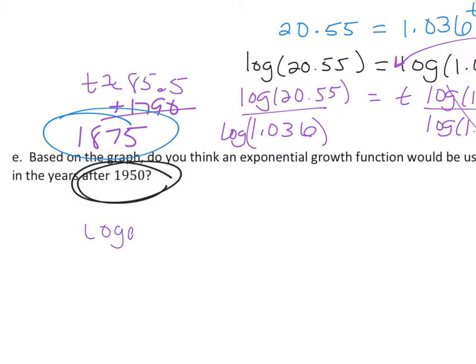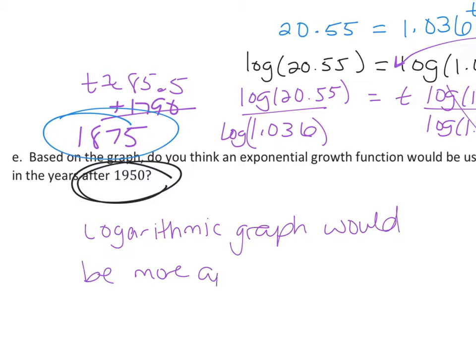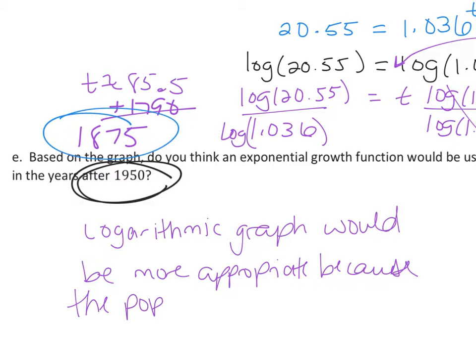So I would say a logarithmic graph would be more appropriate because the population starts to slow down and level off.